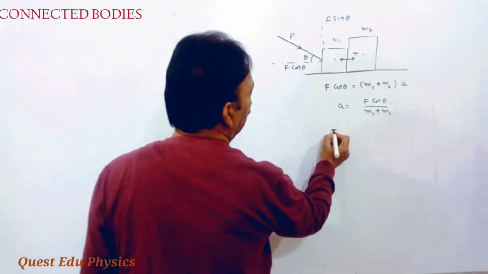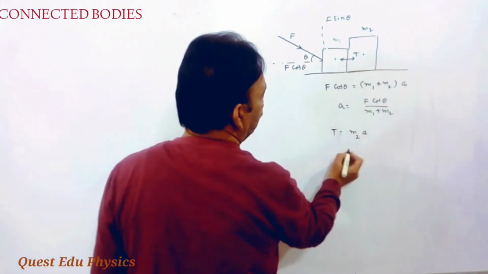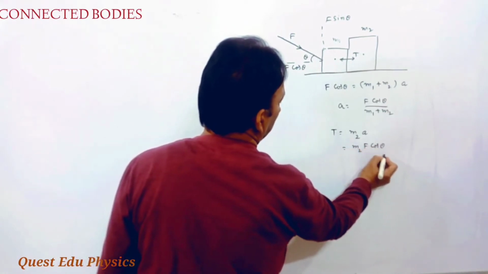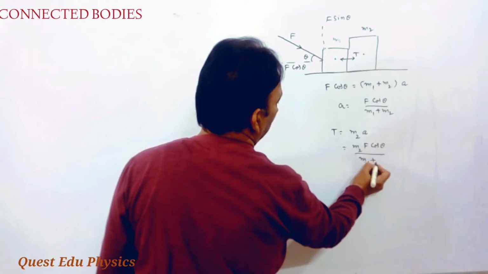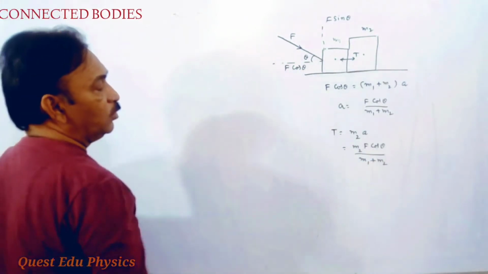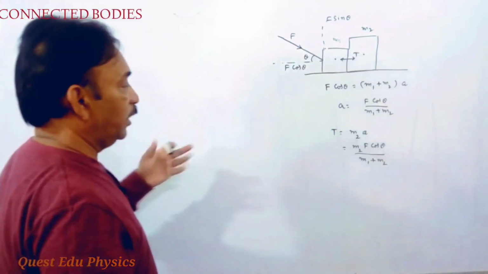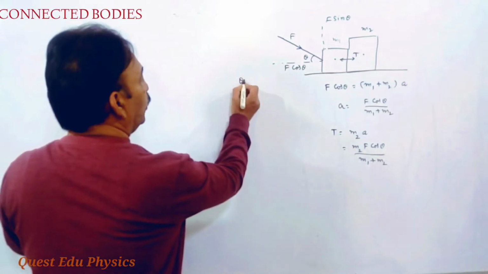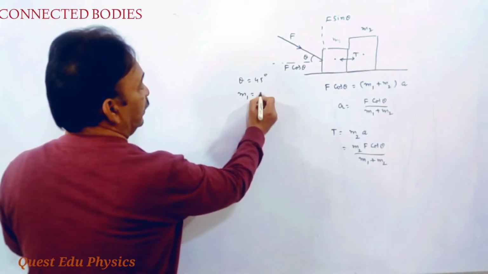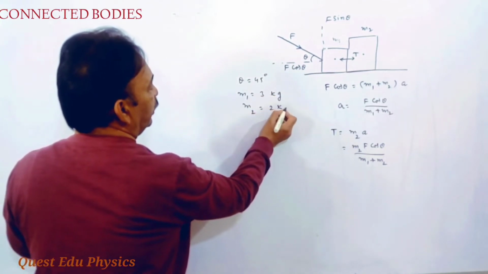Okay students, in the same way we have to find out the contact force. As you know that T is equal to m2A, here we are considering this, m2 F cos theta by m1 plus m2. Okay students, quickly we do a problem by taking theta as 45 degrees, and m1 is equal to 3 kg and m2 is equal to 2 kg.